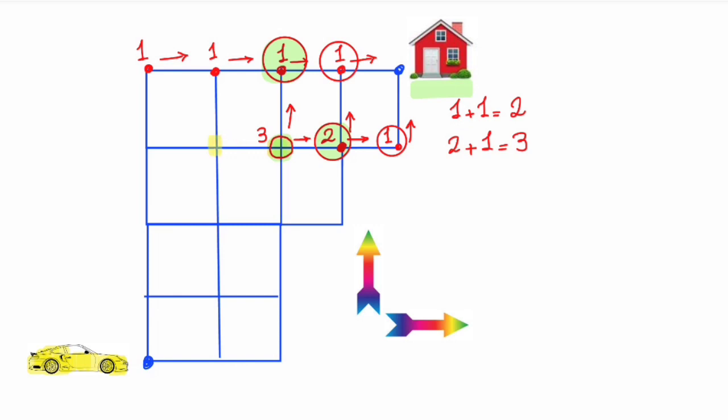For example, if we consider this point, we have to add the number on the right with the number above. So 3 plus 1 equals 4. So we have 4 different ways from this point to the red house. Now 4 plus 1 equals 5.